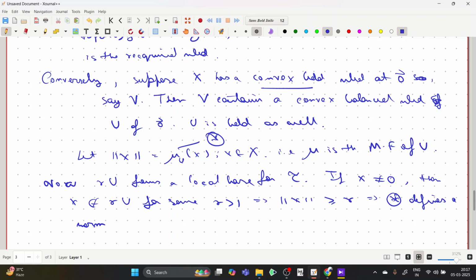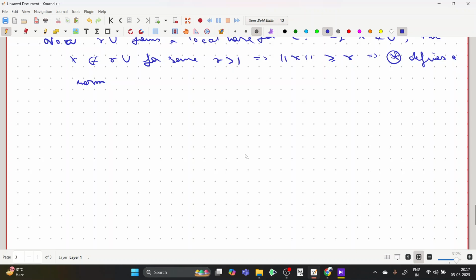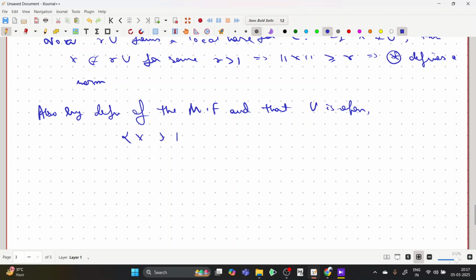Okay, right, this is one part. And by the definition of the Minkowski functional, and since U is open, from the previous theorem we can see that the set of x such that the norm of x is less than r equals rU for all r greater than 0.